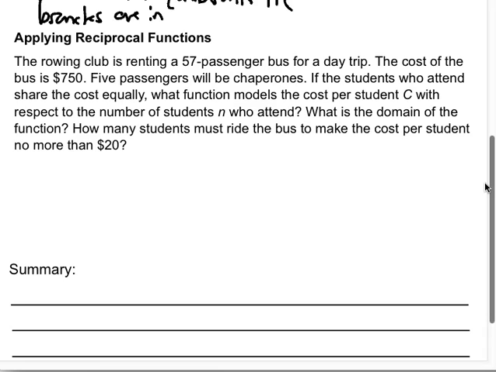All right. So 5 of the passengers are going to be chaperones. So that means that there's a maximum of 52 students. So whatever the cost is, the cost is going to be amongst the 52 students who are going to be riding.